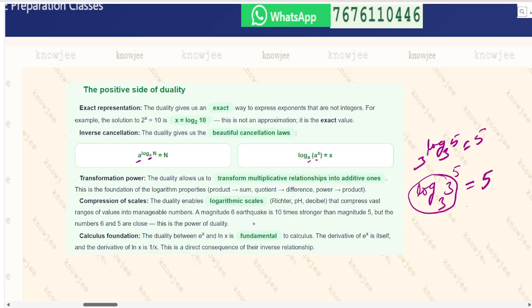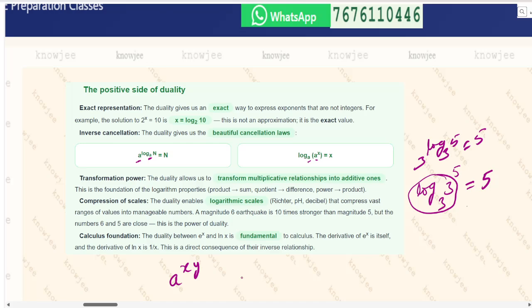Then we have transformation power. This ability allows us to transform multiplicative relations into additive ones, like when you have a to the power x and y.